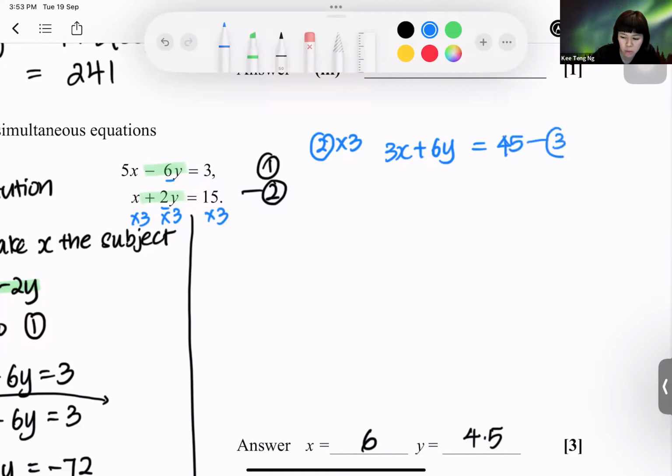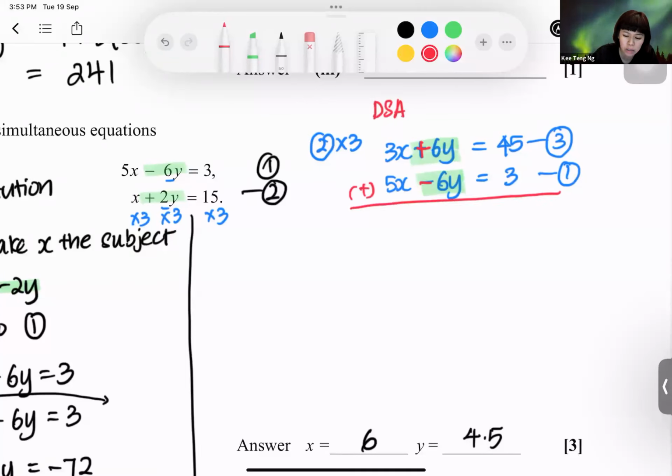Then what do we do? We look at the y terms, the sign over here: 1 positive 6 unit, 1 negative 6 unit. Different sign, DSA, different sign, you add them together. So adding them together, that will give me 3 plus 5, 8x. 45 plus 3, 48. x equals to 48 divided by 8, 6. Answer. Then you can plug into whichever equation you want.